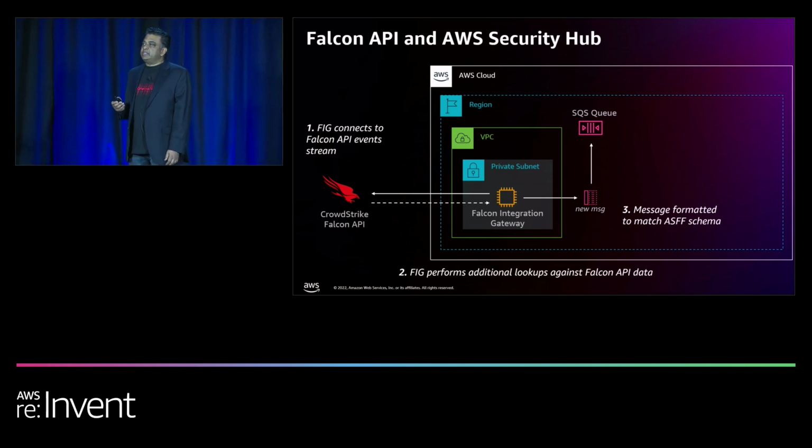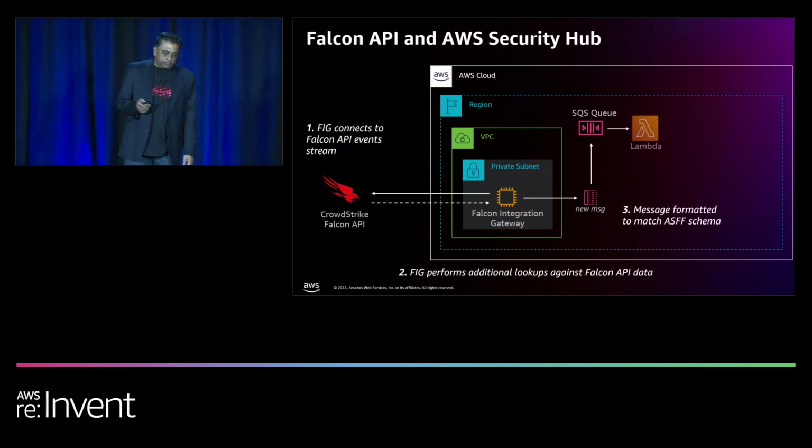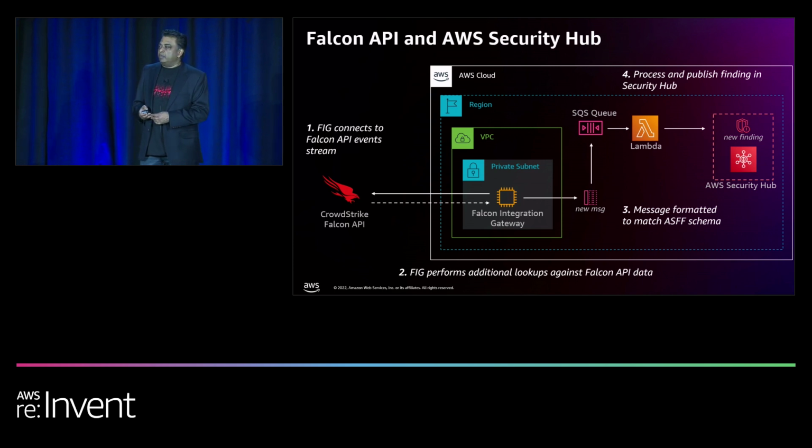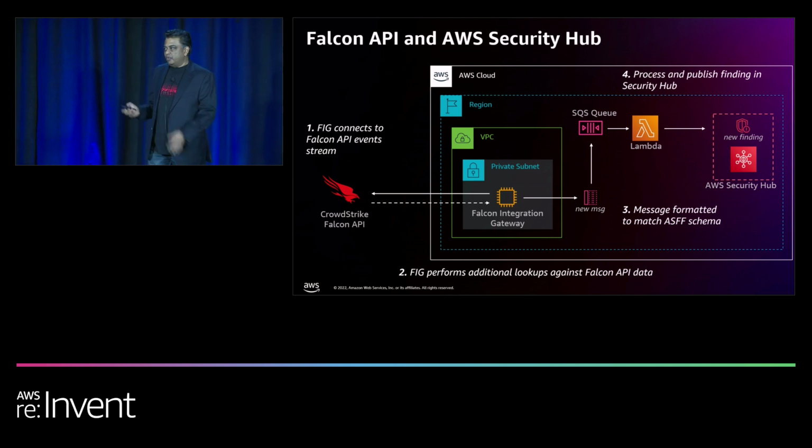And you would do that to change those events into that format. And then from there, after we publish to an SQS queue, a Lambda function will pick that up and find where the particular detections are happening in the AWS infrastructure, where it's running, and what VPC, what region and such, and then provide that to the Security Hub environment for your SOC analysts to review and take further remediation action.